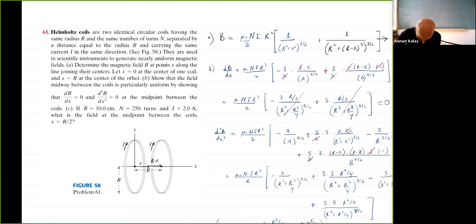And so these r squareds cancel. 5 over 5, 5 over 5, 5 over 5. This guy is 3, this guy and this guy is 3. Okay, good. So you can see everything canceled. So this is 0.